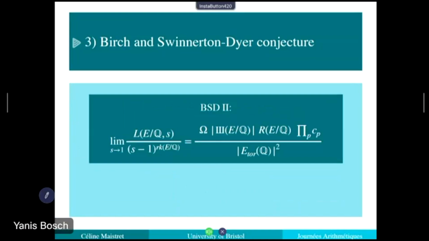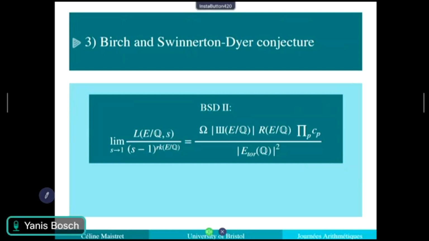So what it says, not only that the order of vanishing of the L function at s equal 1 is the rank, but it also says that if you take this L function and its Taylor expansion around s equal 1, then you look at the leading term of that expansion, and what you see is this product of invariants of the curve. And the reason I say that we can use this to understand the order of the Shafarevich-Tate group, assuming it's finite, is because we have a pretty good handle on the rest.